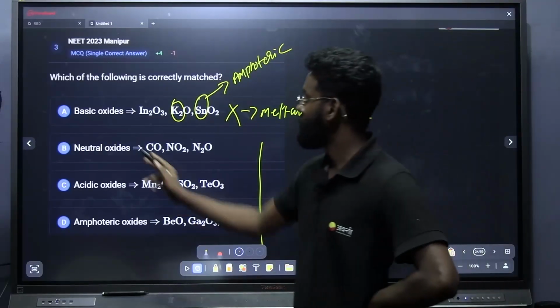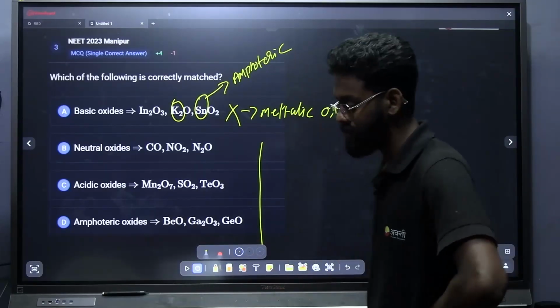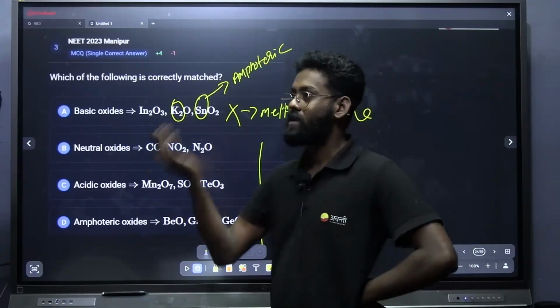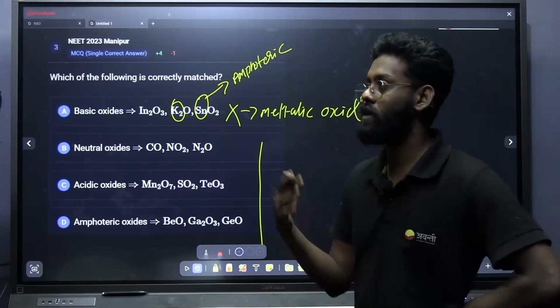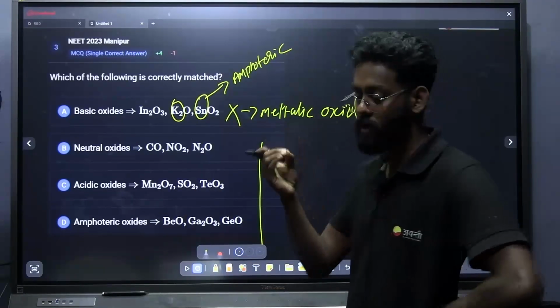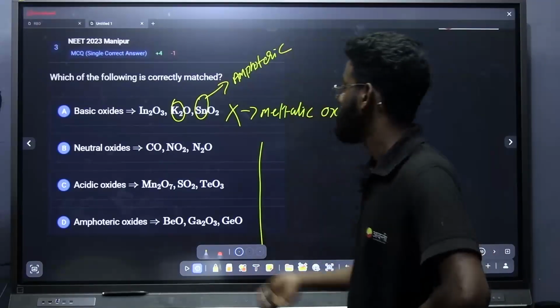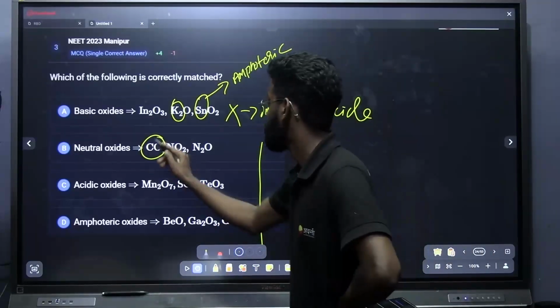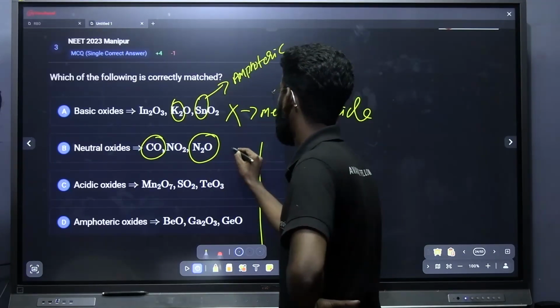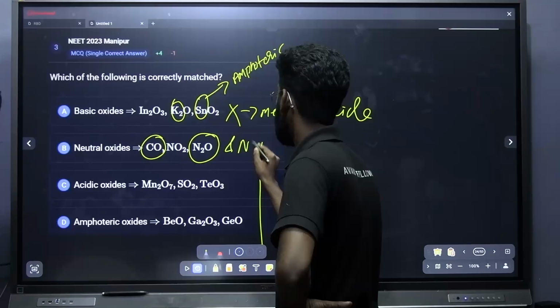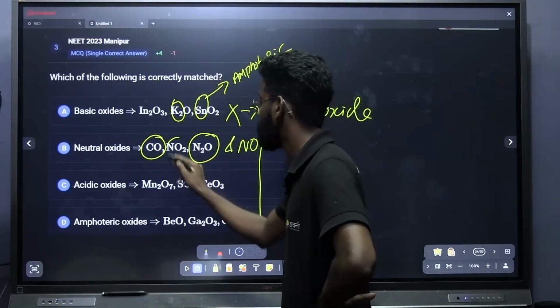Now what about B? I know what your confusion is. Carbon monoxide and nitrogen oxide, that is what you have seen in the class, right? But you should be very clear that it is carbon monoxide, N2O and NO. These three are the neutral oxides. NO2 is not a neutral oxide.